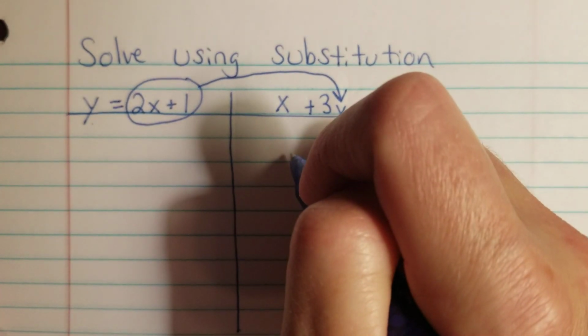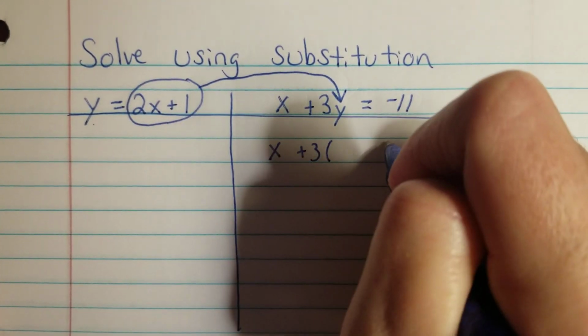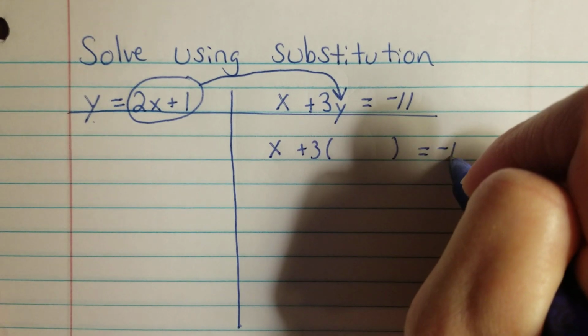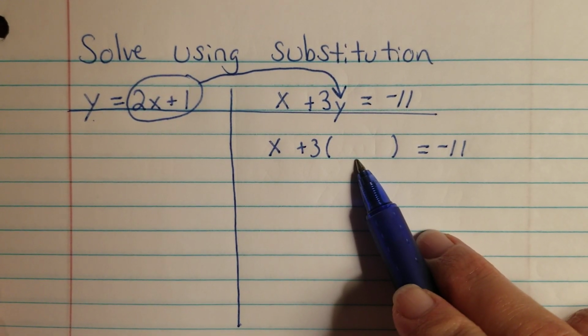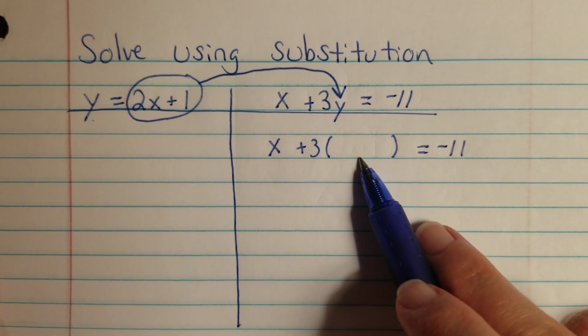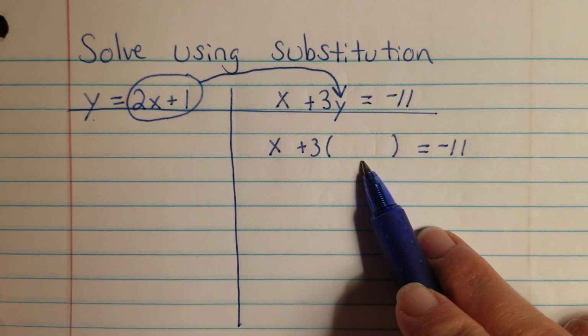So over here on the right-hand side, I'm going to have x plus 3 times y equals negative 11. What I did was create a little bit more room to plug in the expression. So I took y out and I'm going to put in 2x plus 1 inside the parentheses.